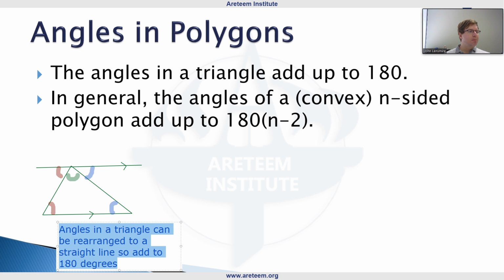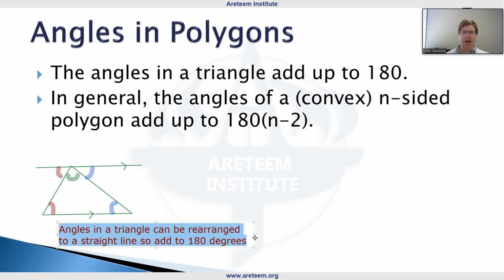So with that in mind, does anybody know how we come up with this for higher polygons? What happens if we have a 4-sided shape, or a 5-sided shape, or a 6-sided shape, 8-sided shape, and so on? How does that work?